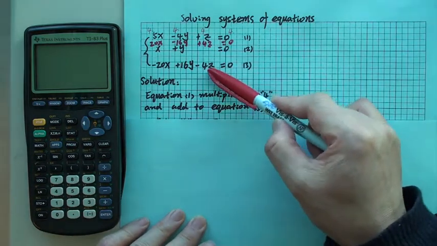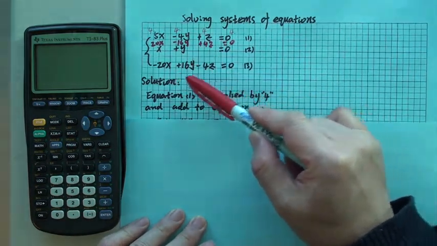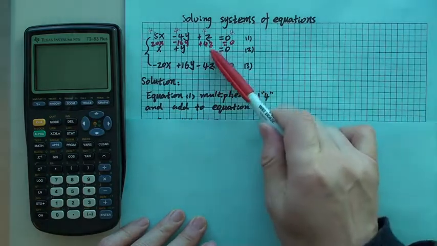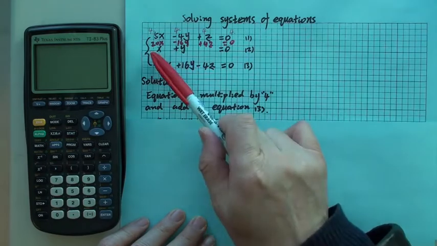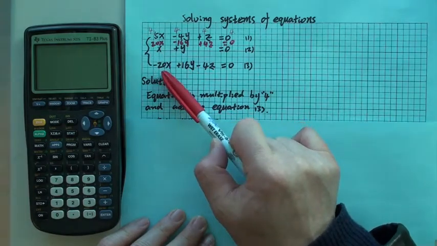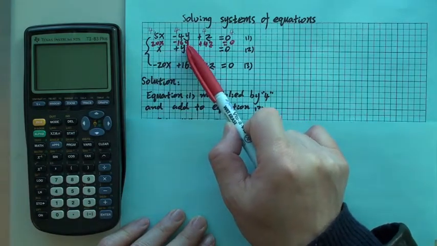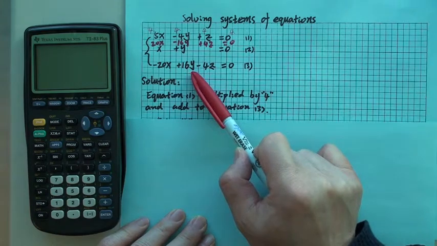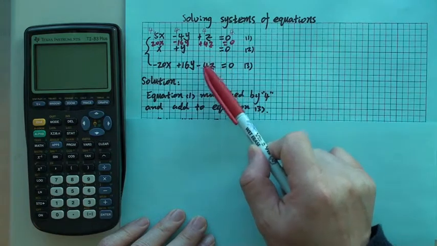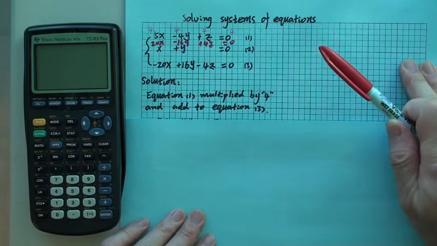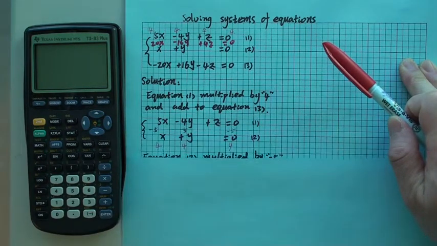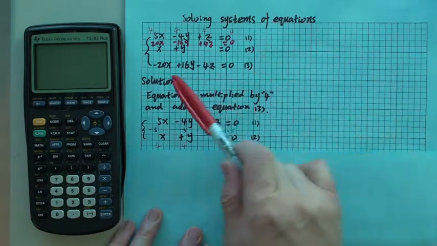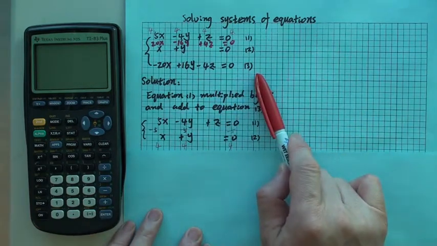And then if you add to the third equation, they all cancel. You see that? 20x here is negative, negative 16y, positive 16y, 4z, negative 4z. So the third equation has disappeared.